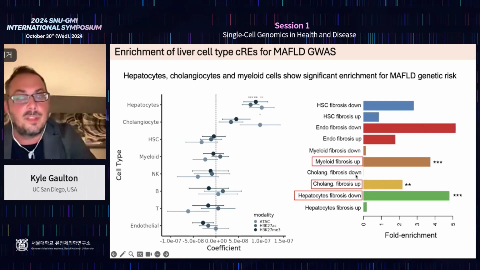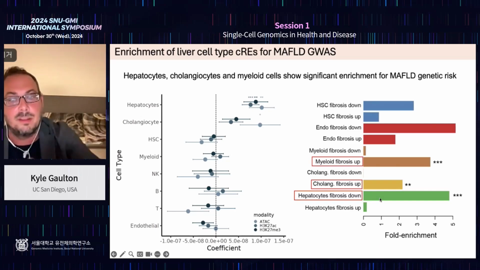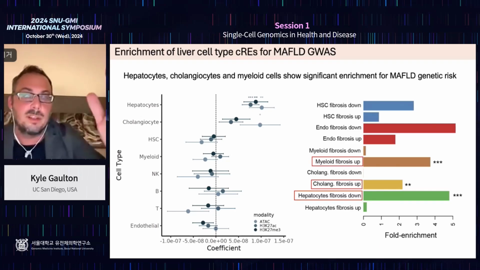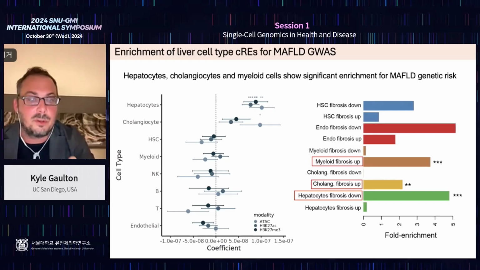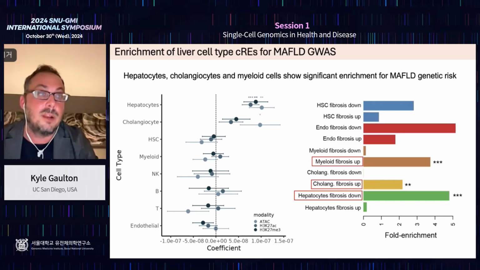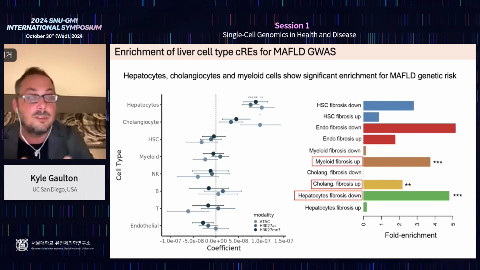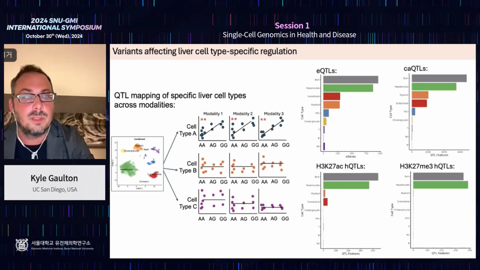And if we subset the sites within these cell types based on those that have up or down regulated activity in progression of disease, hepatocytes are enriched for sites that go down in disease, whereas the other cell types are enriched for risk in the sites that go up in progression of disease. So this allows us to filter down to subsets of sites that may be driving disease risk, not only the cell types themselves involved in disease, but the particular changes in these cells that are disease relevant.